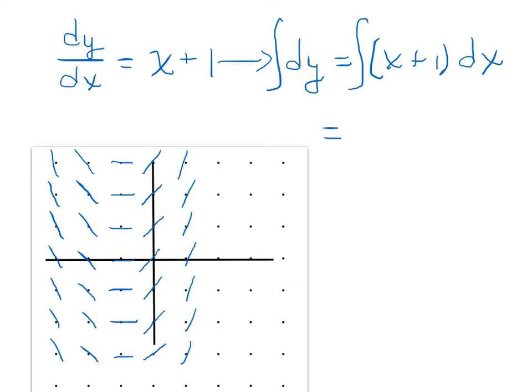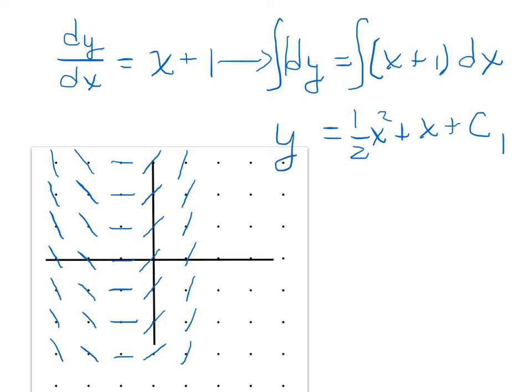When you integrate the right, the integral of x is 1/2 x squared. The integral of 1 is x. And then we get a constant possibly. Now, integrating the left will feel a little bit strange until you recognize that you're just integrating using the letter y instead of the letter x. What we're actually integrating here is 1, because there's a 1 in front of dy. And when you integrate 1, you get y.